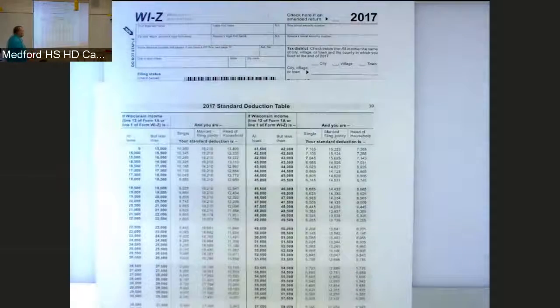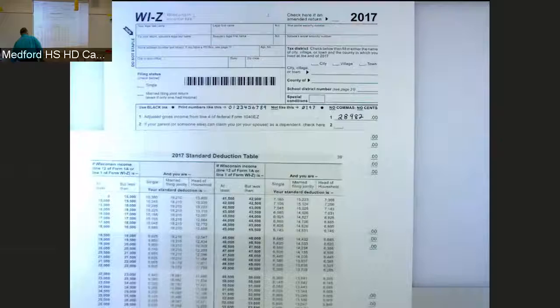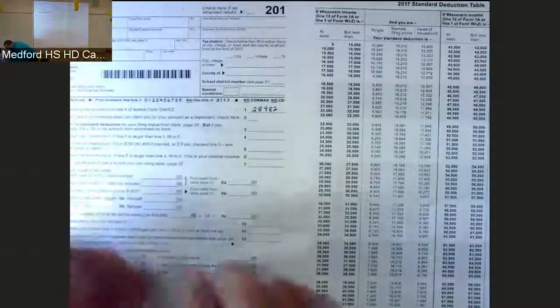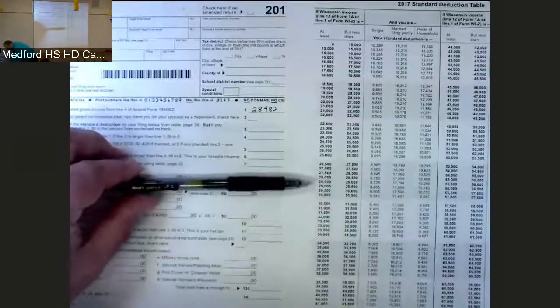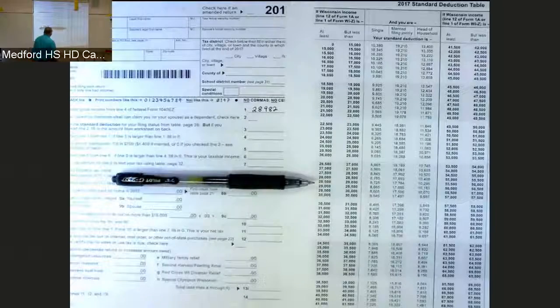Standard deduction table at the top. And we're looking for that 28,982 number. It's in right there. 28,500 to 29,000, single.